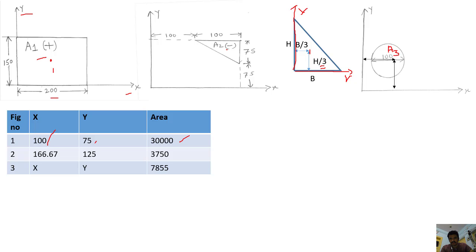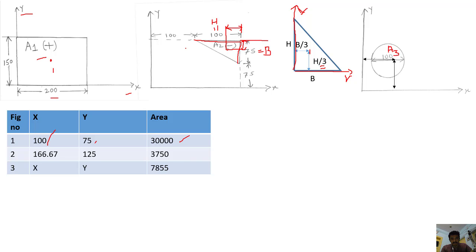This triangle is placed here like this, so this 75 will become b and this 100 will become h. From this side the centroid is h by 3, so 100 divided by 3, and from this side it will be b by 3, so 75 by 3.